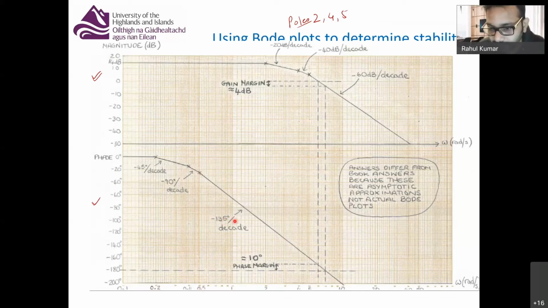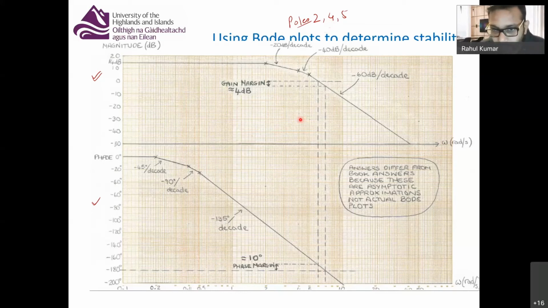Again I have considered only up to 10. So after 20 the effect of the first pole at 2 will go away, and after 40 the effect of the second pole will go away. So gradually your slope will start increasing, right?